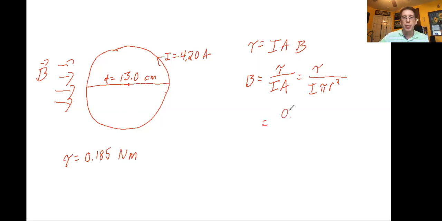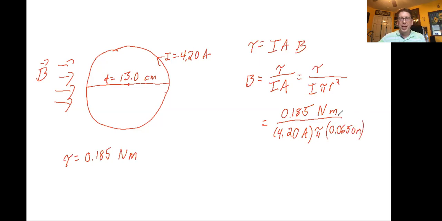So that's 0.185 Newton meters divided by I, which is 4.20 amps, times pi, and times the radius, which is 6.5 centimeters. So we can write that as 0.0650 meters. And again, we want to put everything in SI units, and don't forget we're squaring that. We want to put everything in SI units so that the answer is in SI units, or Tesla in this case.